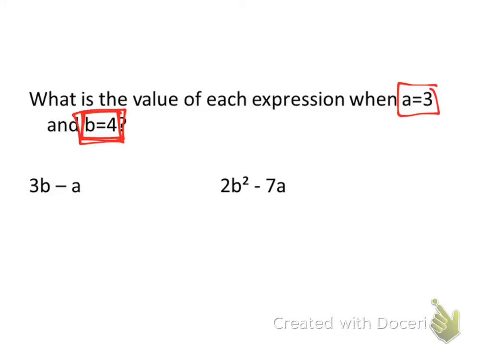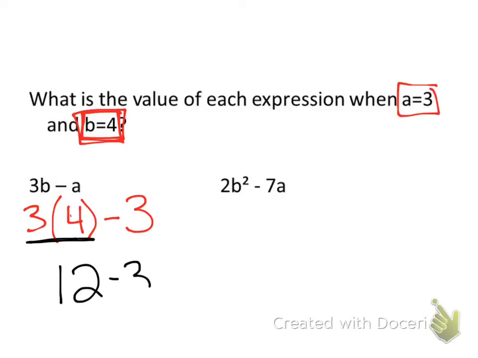Okay, so the first one, I'm going to have 3. And then in parentheses, instead of the B, what am I going to write? 4. A 4 minus 3. What is 3 times 4? What is 12 minus 3? 9. So the answer for this one is 9.